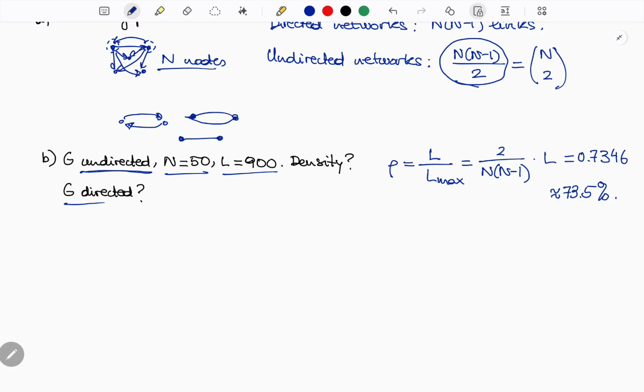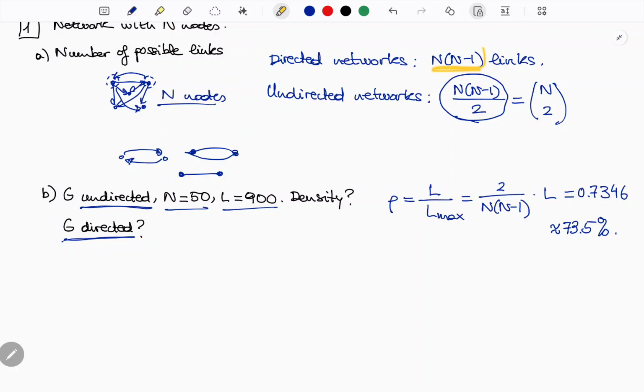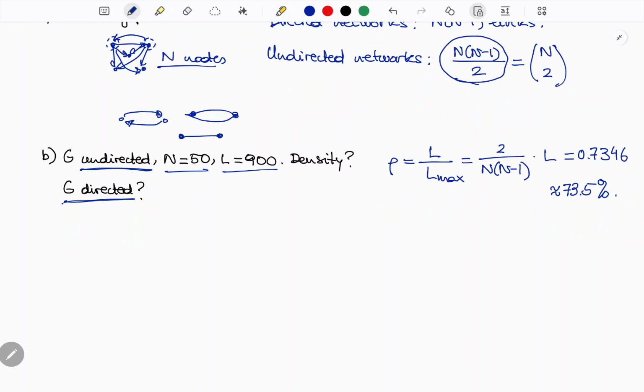And if the network were directed, then instead of using this formula, I would simply have to divide by this number, which is the maximum number of links for a directed network. So in that case, the density would be exactly half of it. The number of links is exactly the same, 900, that's what they tell me. So the density would be half of this number.